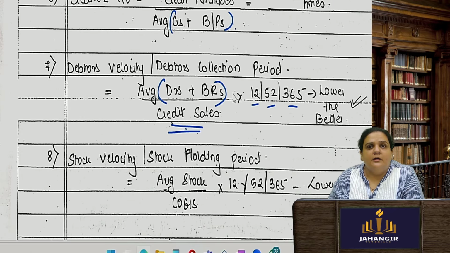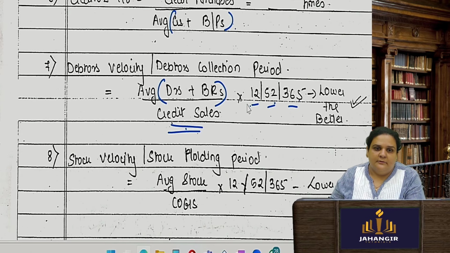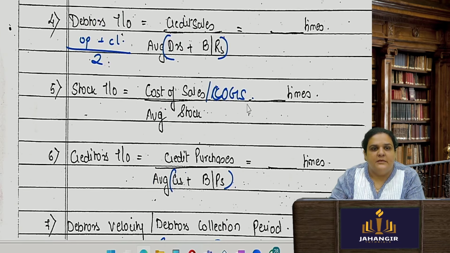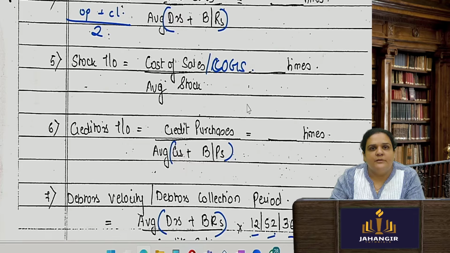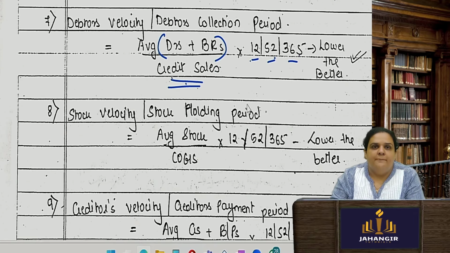So debtors velocity, lower the better. That means I am able to get money quicker. Okay, so I will get that collection period in number of days or weeks or months. I have to just turn the formula. See, it is the reverse: average debtors plus bills receivable upon credit sales.